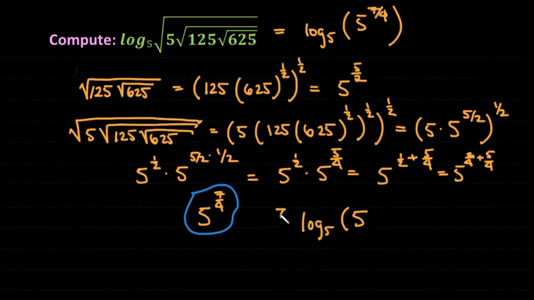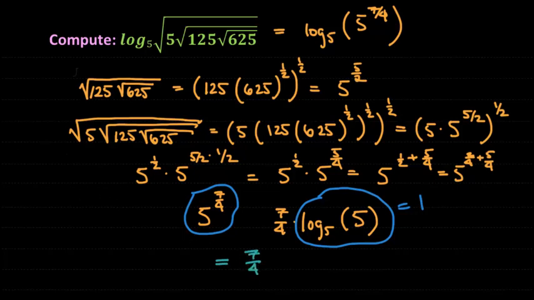And so then we have 7 divided by 4 times this here. And note that log of 5 base 5 is equal to 1, which then gives us 7/4 for the answer. And we're done.